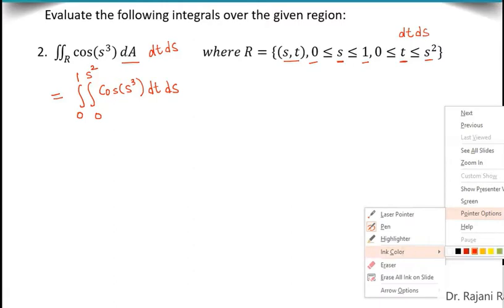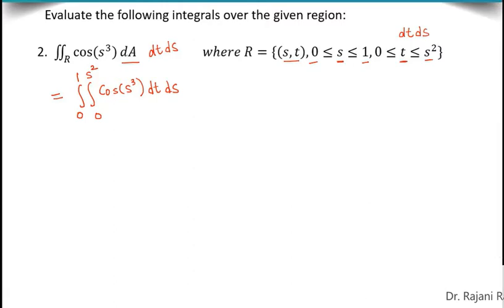When you look at the inner integral, you have to integrate it first, which is integration with respect to t. So let's write it down: integral 0 to s power 2 of cosine of s power 3 dt.